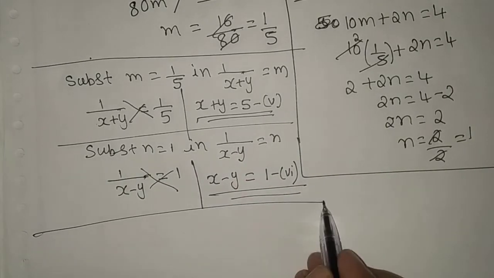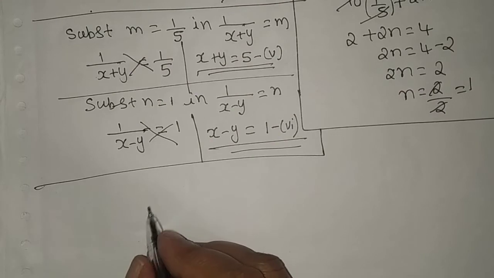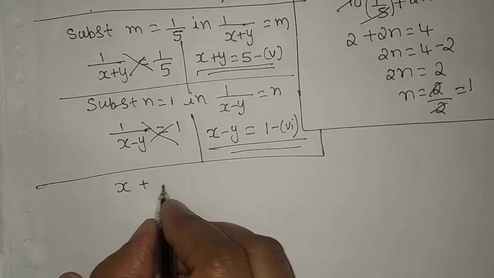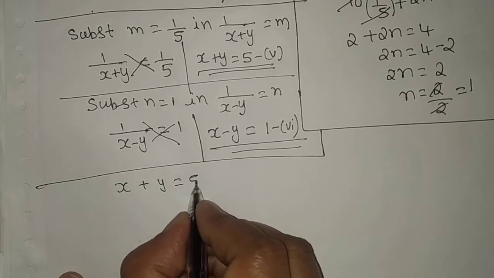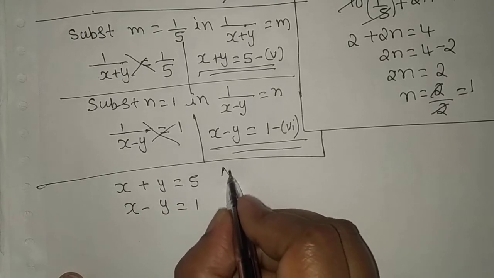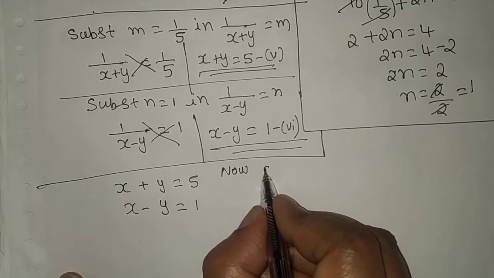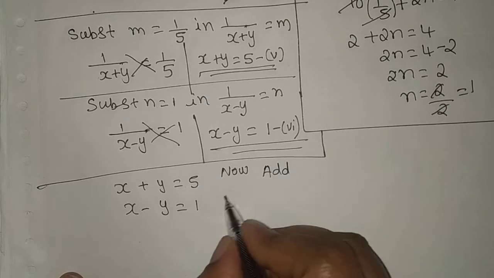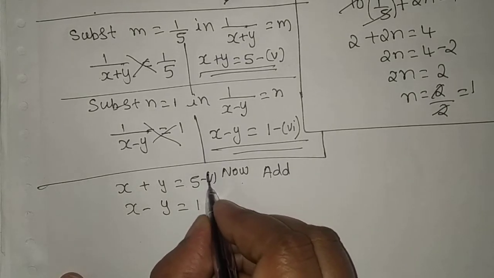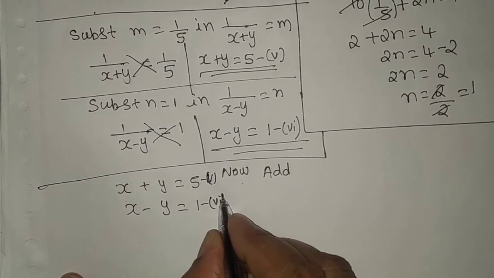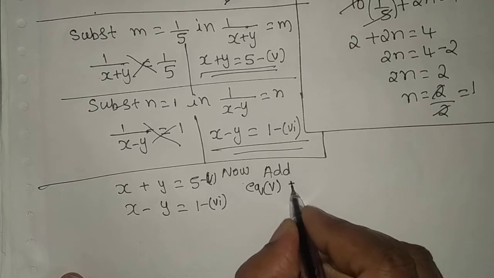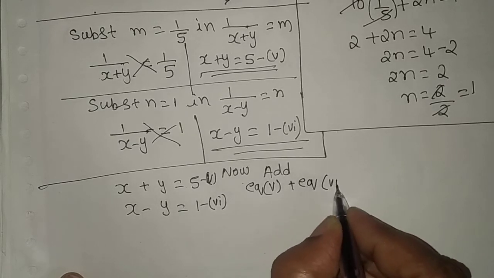So we finished this. Now we have to take these two equations, equation 5, x plus y is equal to 5, and equation 6, x minus y is equal to 1. Now add equation 5 and equation 6.